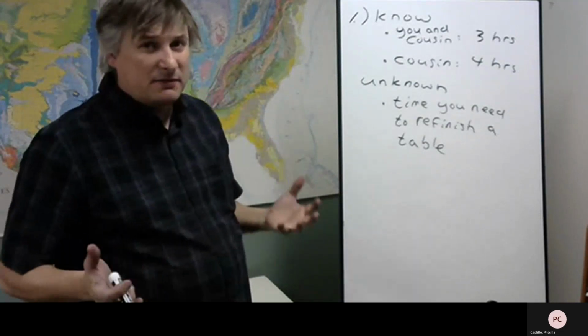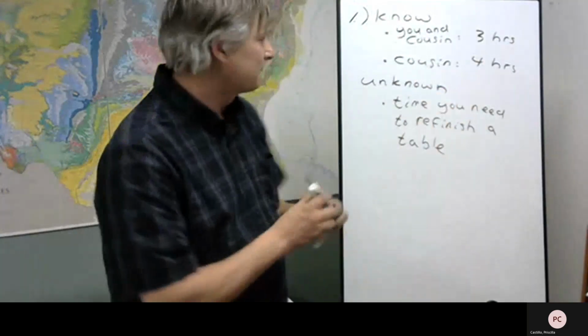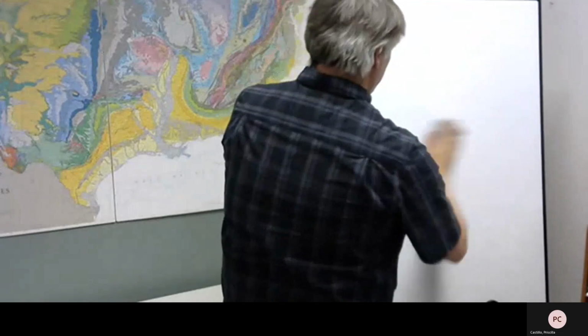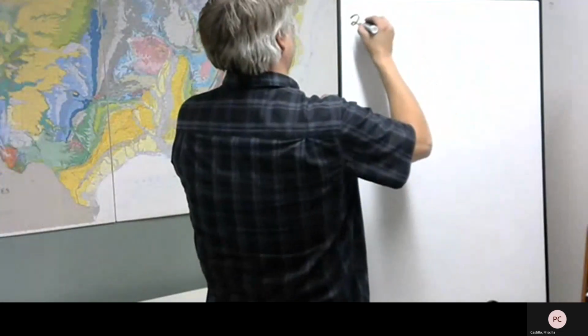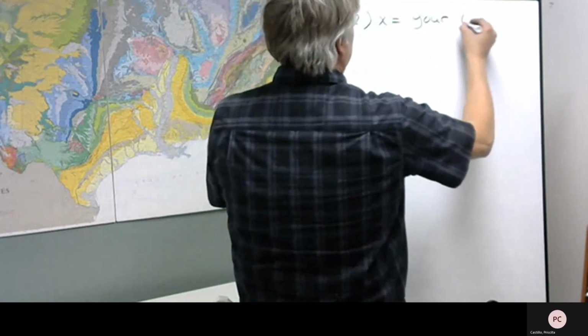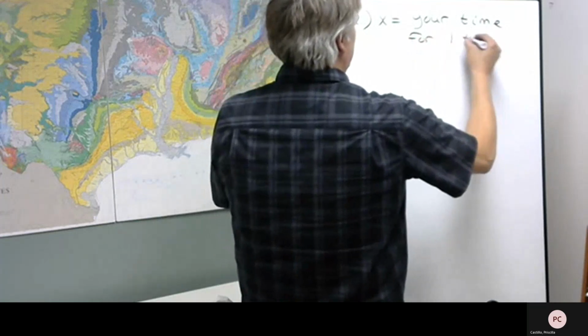So let's start breaking this down, and we're going to use this job to time ratio. So we're missing the time for you. So that X equals your time for one table.